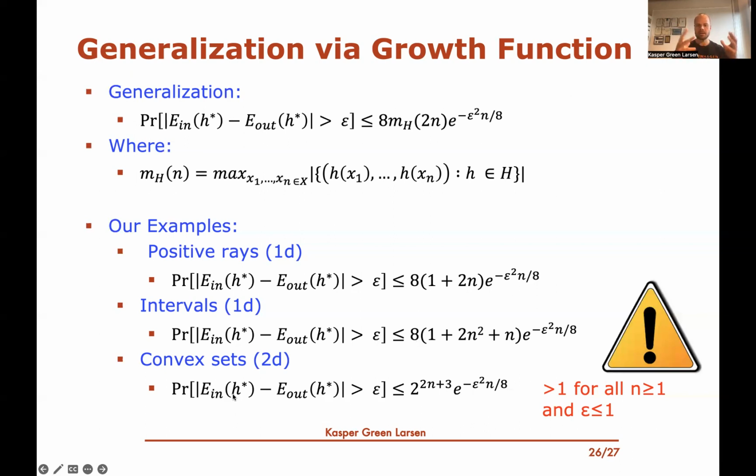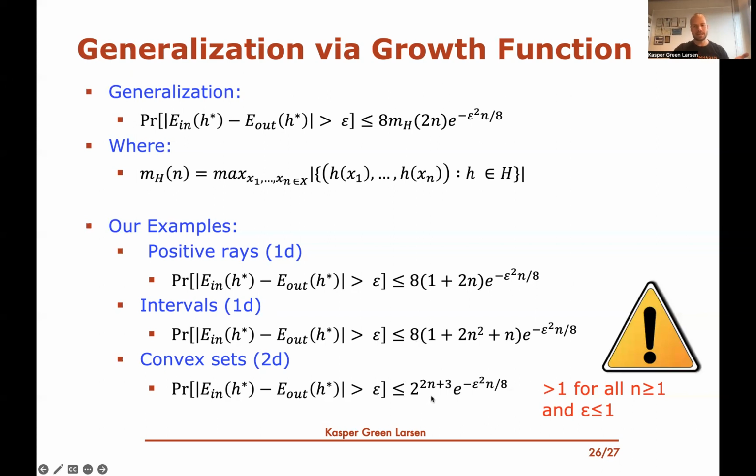Because I can get a 0 in-sample error using a convex set. If you look at the circle, I can get 0 in-sample error by just choosing a convex set that has exactly this labeling on the points I receive. And for all remaining points outside that I didn't see in my training data set, there's a convex set for every possible labeling, so I have to choose one of them, and this might just as well be completely wrong.